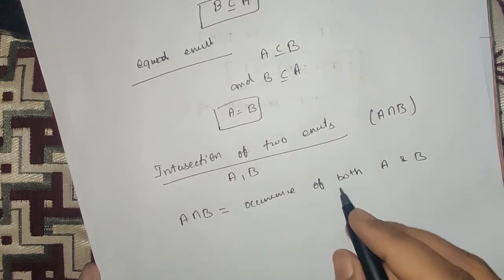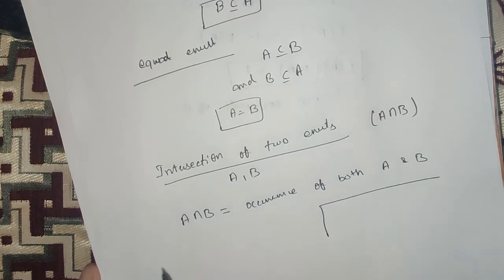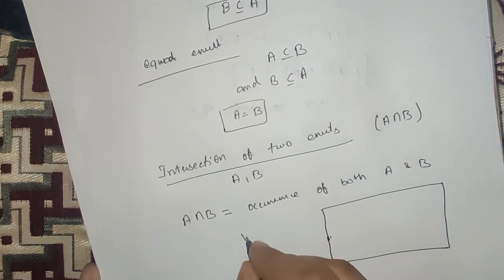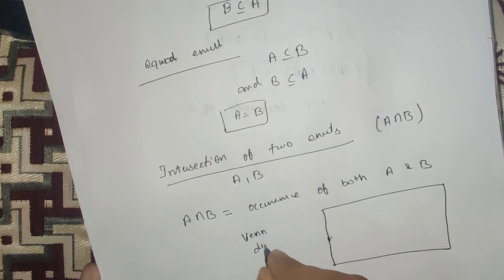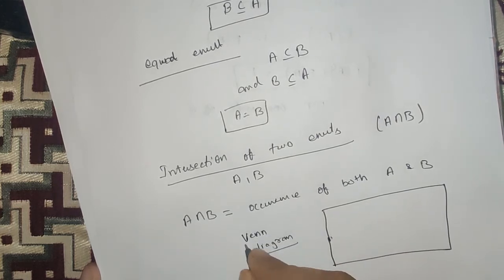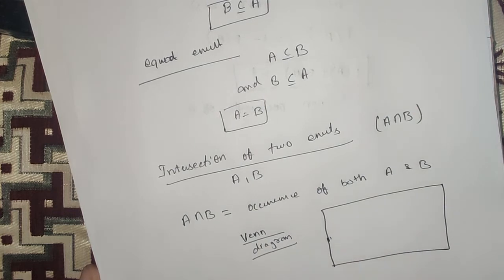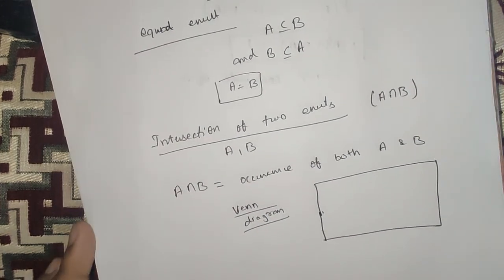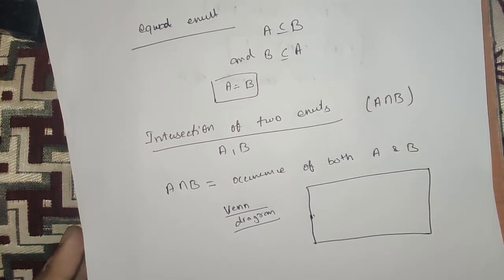So in Venn diagram, I will discuss it. Venn diagram is very important in the sense of calculating the total number of events and the probability. It is very easy if you understand the Venn diagram properly.